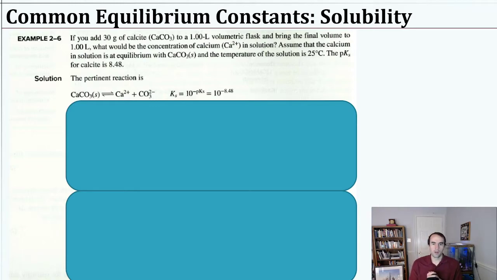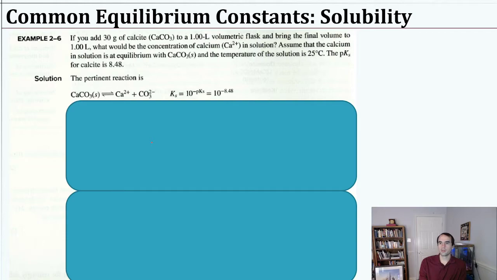Okay, so here's our first example problem, example 2.6 in our book. If you add 30 grams of calcite, so CaCO3, to a 1 liter volumetric flask, and bring the final volume to 1.00 liters, what would be the concentration of calcium, Ca2+, in solution?